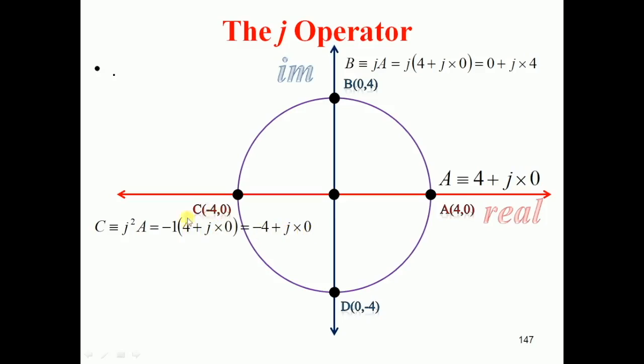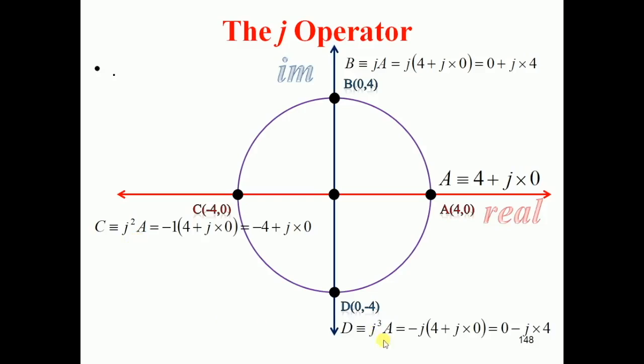This point can be obtained by again rotating the point B through 90 degrees, and that 90-degree rotation corresponds to one operation of the j operator on the point.